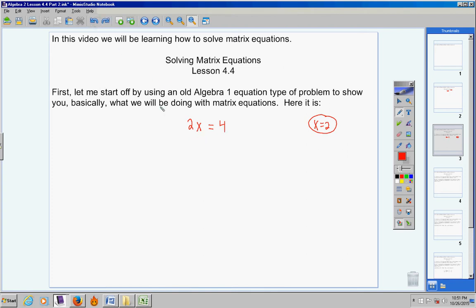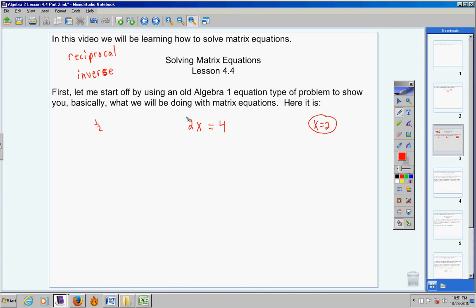But remember, there's another method called the reciprocal method, or the inverse method. What that means is this. You take your coefficient, which is 2, and you flip it.